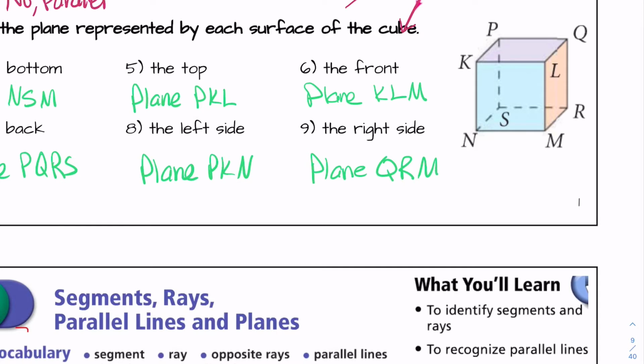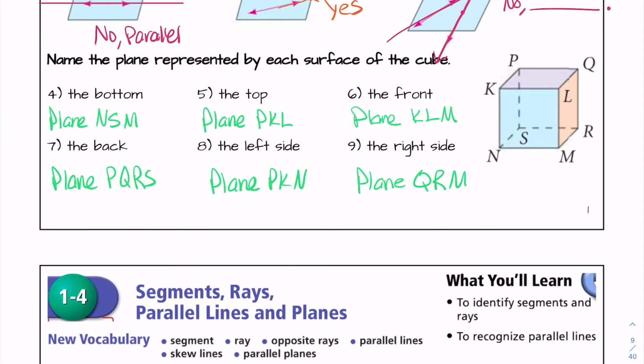I just want to make sure I got these all right because I kind of did them fast. So NSM. Yep. So for this one, you could have used NSM and R. Any 4 of those letters, any combination.